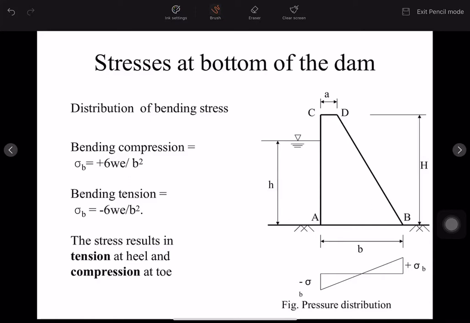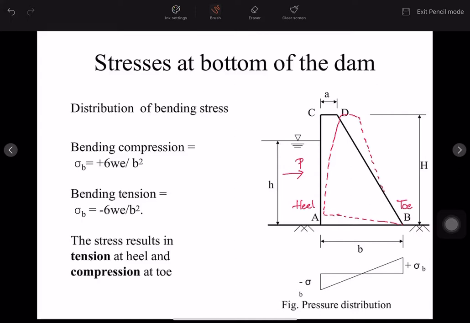So if we draw that particular bending stress distribution diagram, on the toe side we'll have compression, on the heel side we'll have tension, because of water pressure P, the dam may try to overturn just like this.